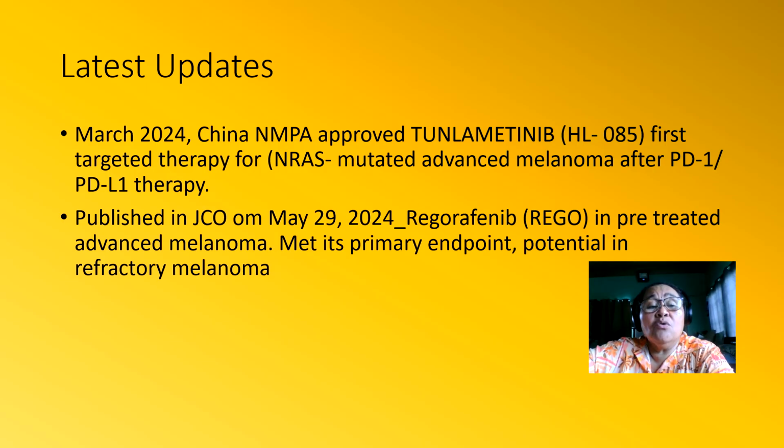We have also another one. With tunlametinib, the most common side effects were rash and acneiform dermatitis, with most severe adverse events being manageable. Let's go now to regorafenib. It shows promise in refractory melanoma according to the study.